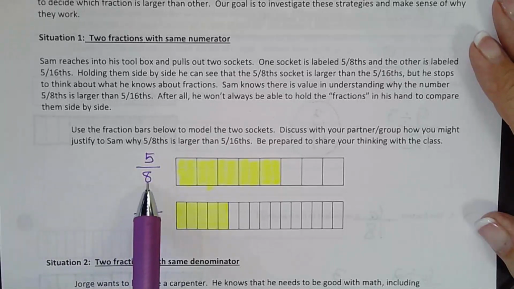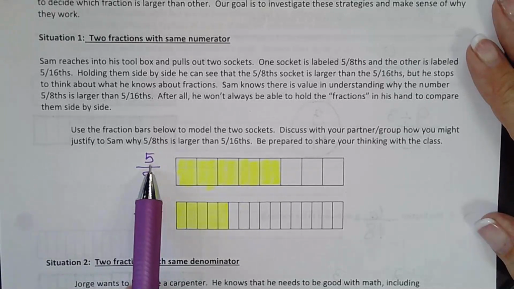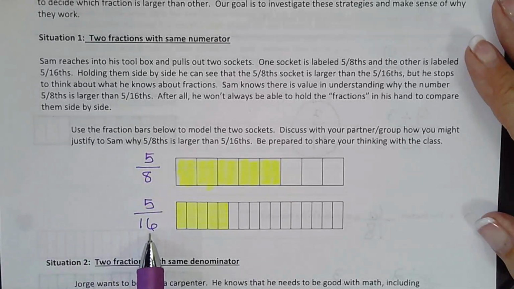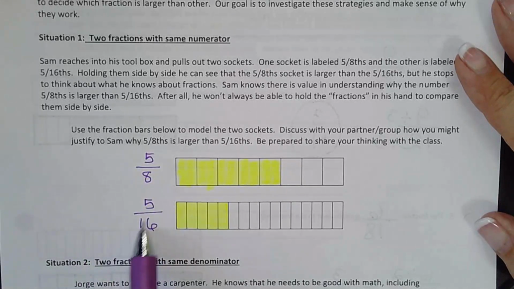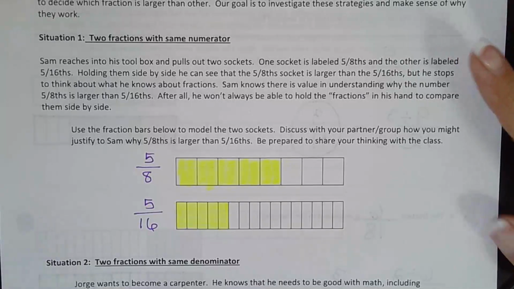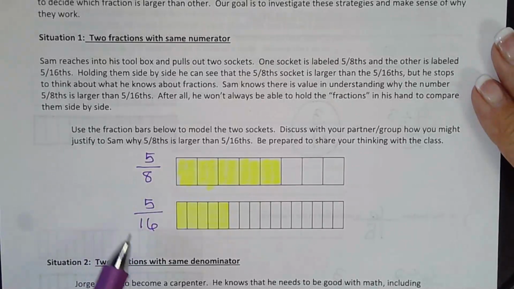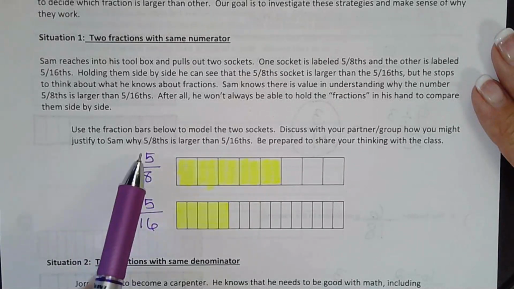So if a pizza is cut into 8 pieces and you get 5 of them, those pieces are going to be a lot bigger than if a pizza is cut into 16 pieces and you only get 5 of them. So that's how I remember which one's larger: I think of a pizza cut into 8 slices, cut into 16, I get 5 either way.